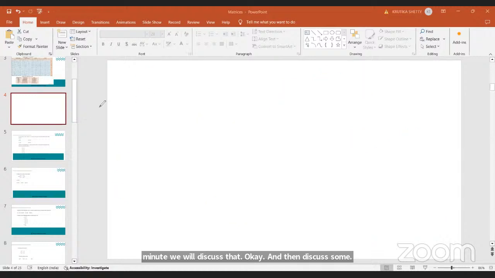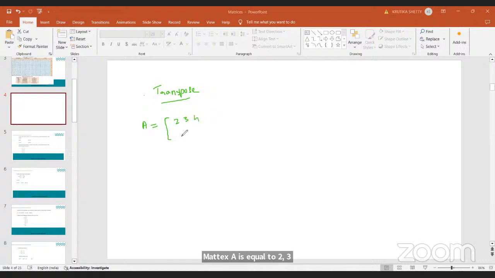Next we need to understand transpose. This is a property, the transpose of a matrix. We will consider an example. If matrix A is equal to 2 3 4, 5 6 and 7, see, the order of this matrix is 2 cross 3.